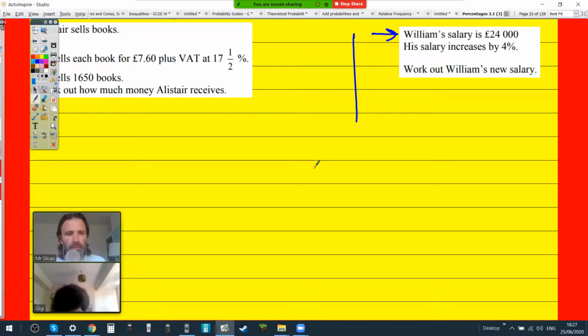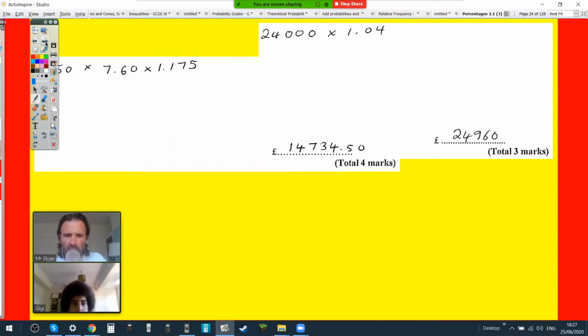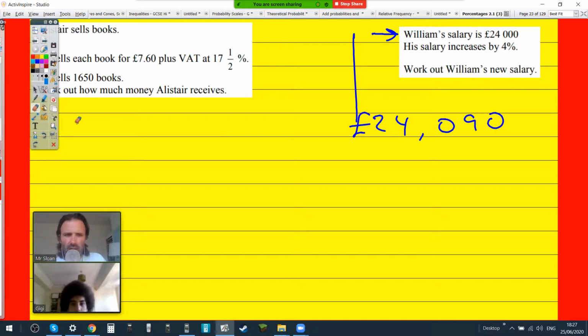Is it £2,490? Like that, is it? Yeah. Now they're getting something else. How did you get that one? So 4% in. Oh, did you add it on? Yeah. It's a 4% increase, so you have to add it on.